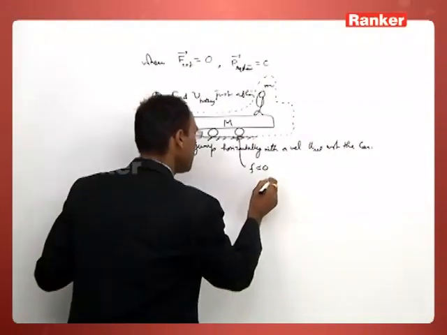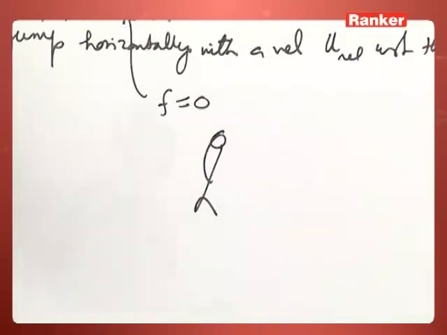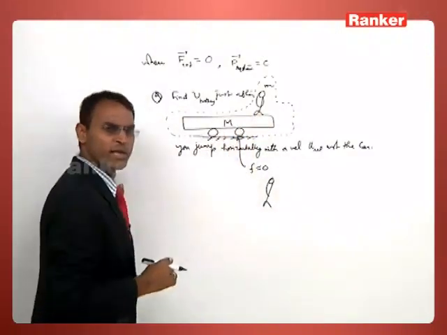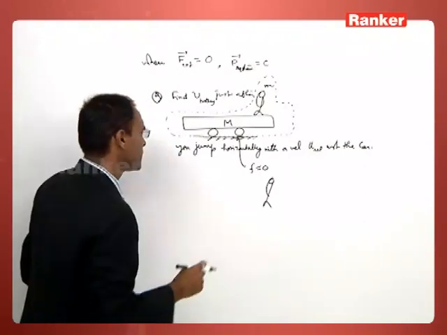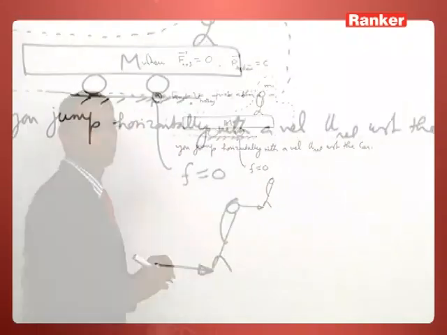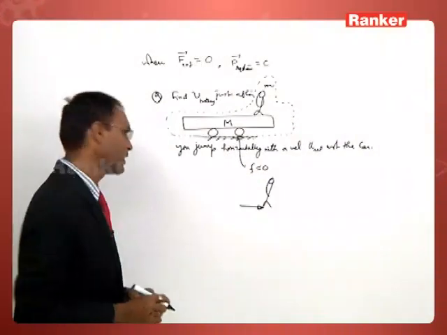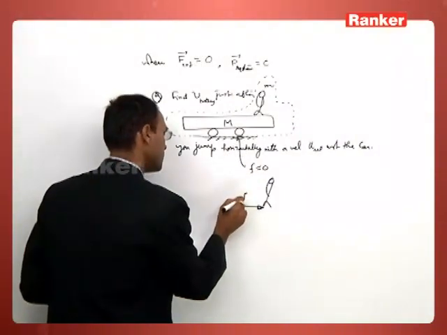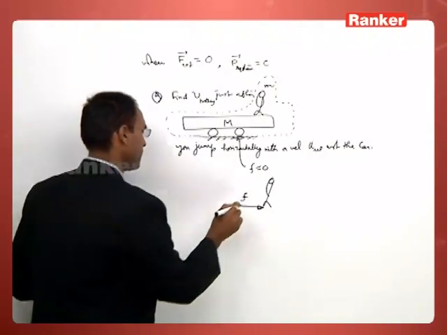While you are jumping, you don't slide with respect to the trolley car. The trolley car will push you towards the right with a force that is none other than the static force of friction.